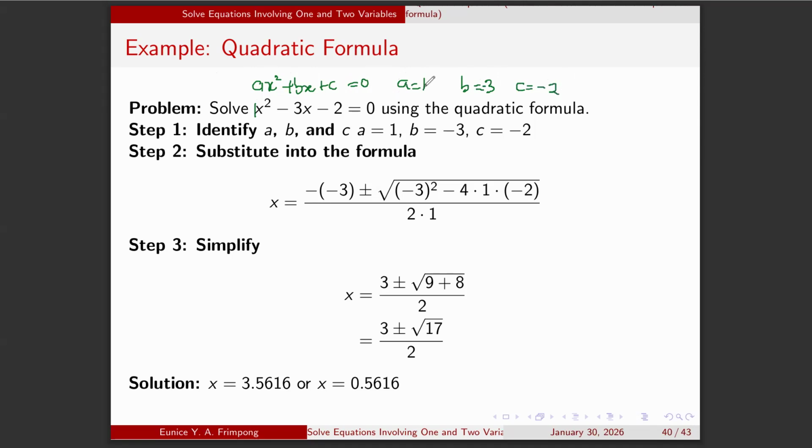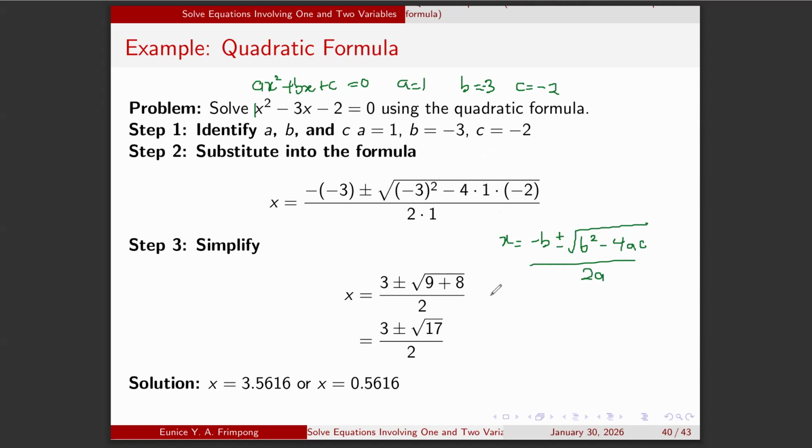If A is equal to 1, B is equal to minus 3, and C is equal to minus 2, we are almost done. It's just about taking the quadratic formula and fixing in the values. Now the formula is what? X equals minus B plus or minus square root of B squared minus 4AC all over 2A. What you can do is to separate them because of the plus and minus here.